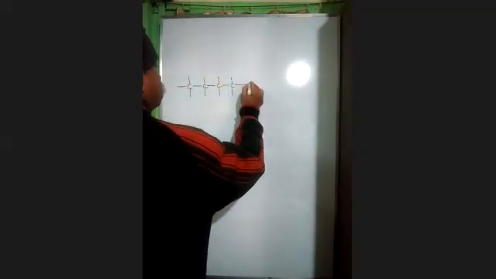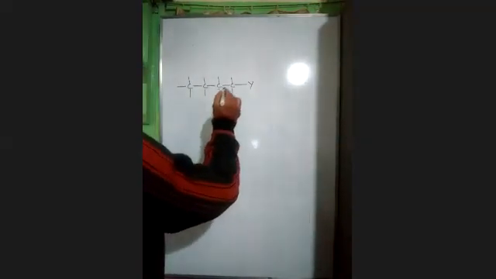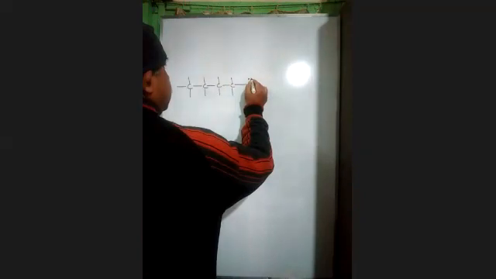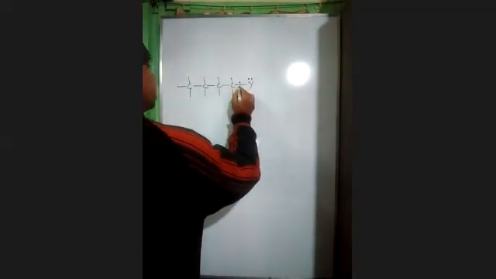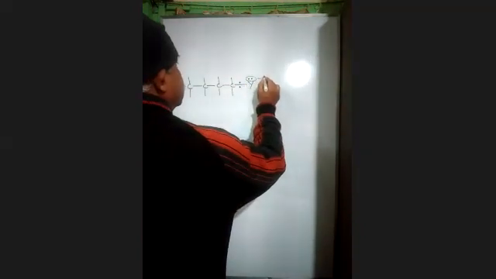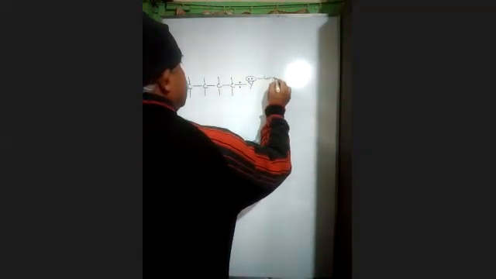Now the situation will be reversed also. Suppose we are having here Y. Okay? So it is having a pair of electrons. And here you have the bond pair. What is this? We call it lone pair.